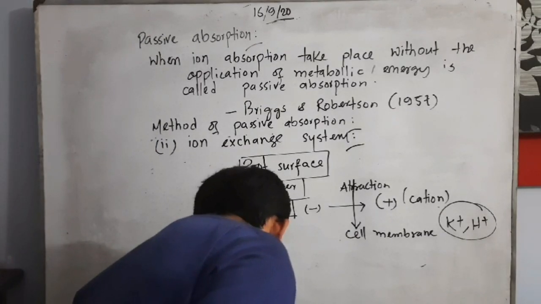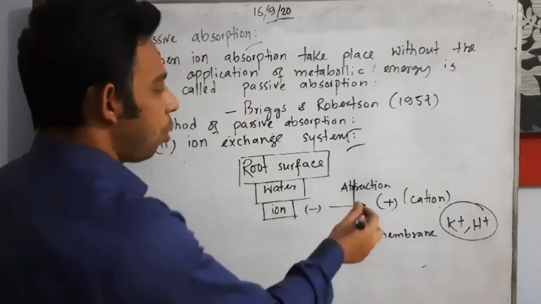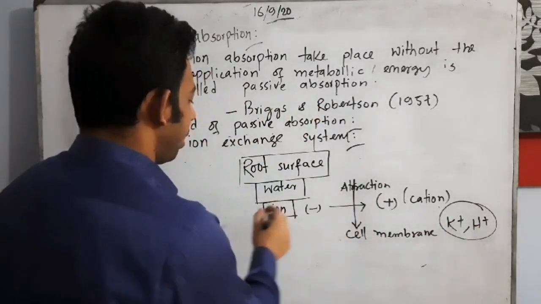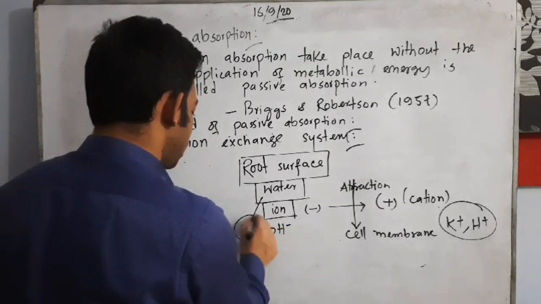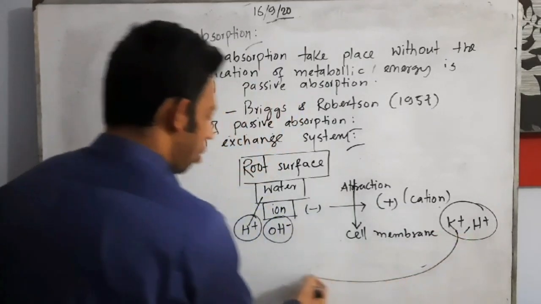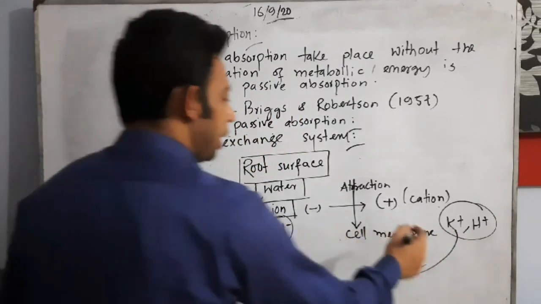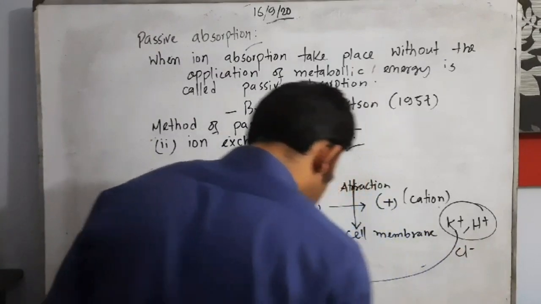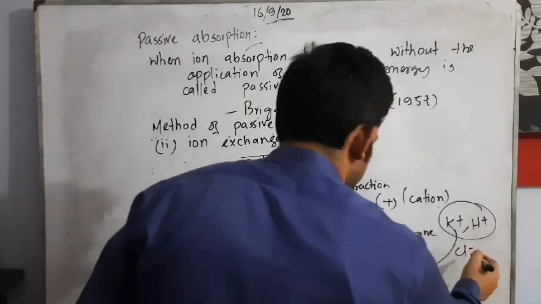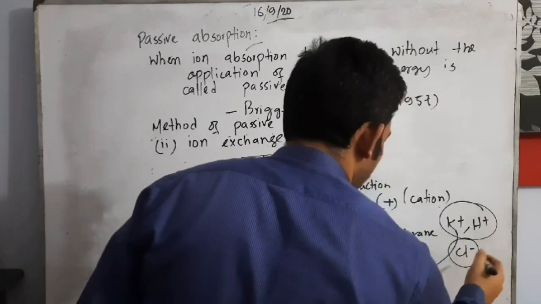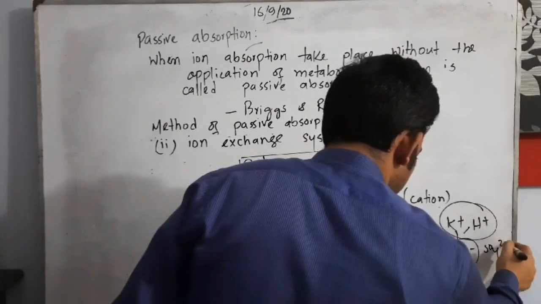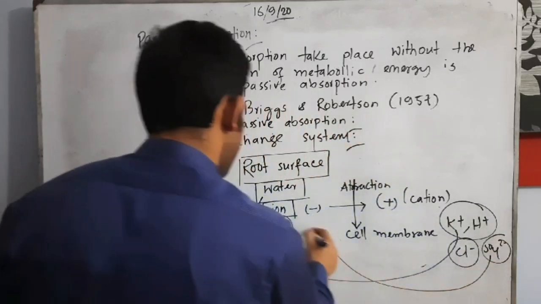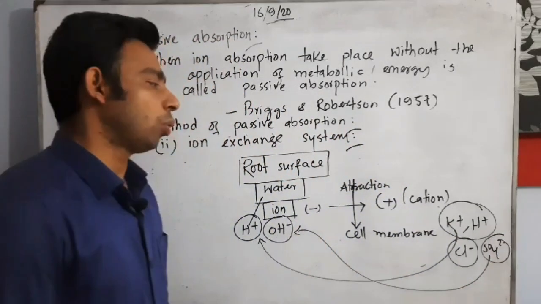So how is it done? I can repeat once again. Here hydrogen ion and hydroxyl ion are present, so potassium ion can exchange with this one. If there is chloride ion, and suppose sulfate ion, they can also exchange with the hydroxyl ion in this way.